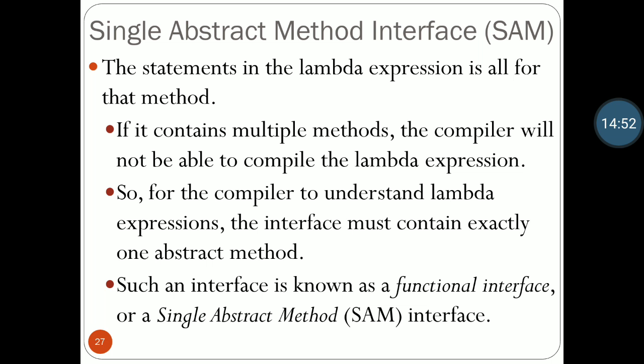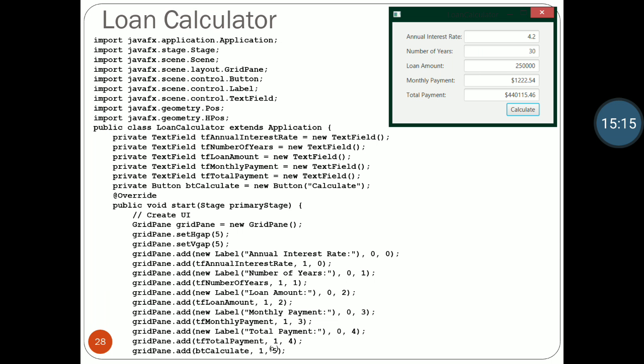So for the compiler to understand a lambda expression, the interface must contain exactly one abstract method. Such an interface is known as a functional interface or single abstract method SAM interface. It means it is a smaller part that a lambda expression can perform.